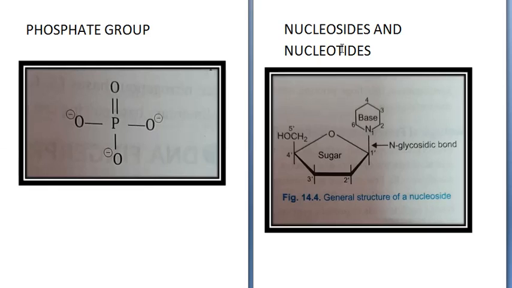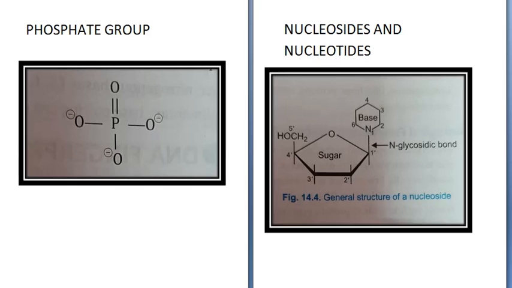A nucleotide contains all the basic components of nucleic acid, that is phosphoric acid group, pentose sugar, and a nitrogenous base. And when a large number of nucleotides are connected, we get a polynucleotide. So this is about the basic components of nucleic acids.